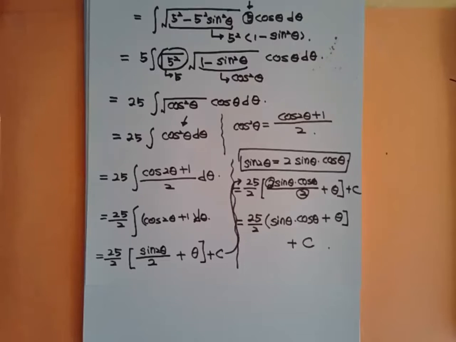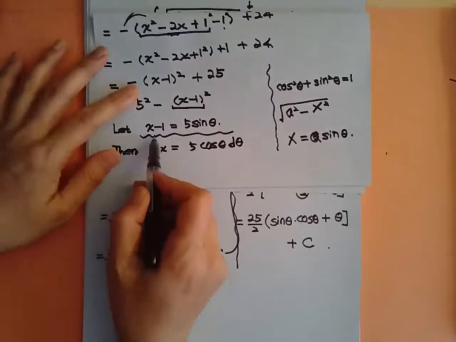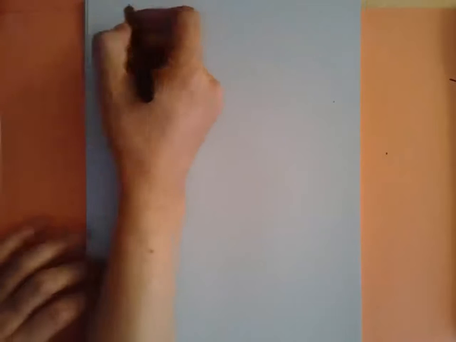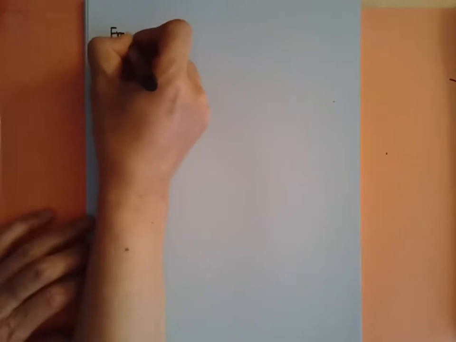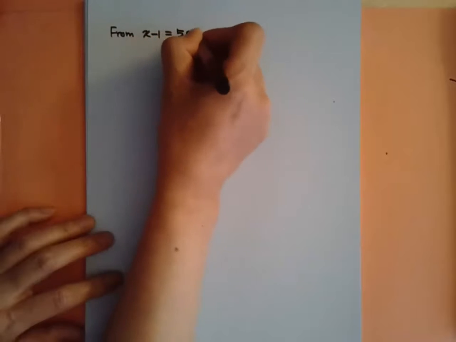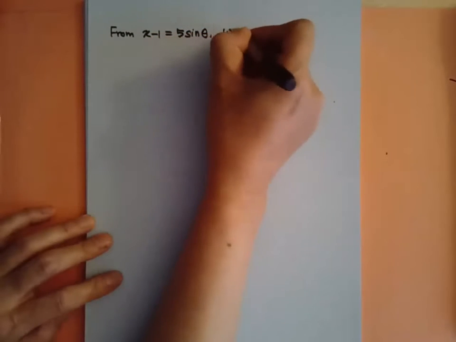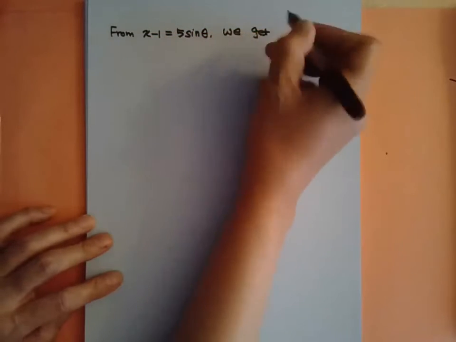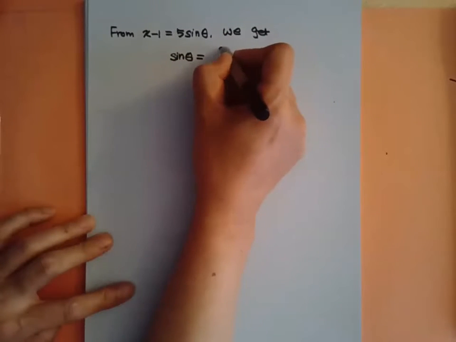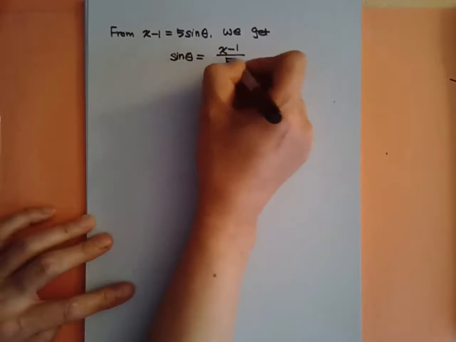So we will go back to the point where we did substitution. X minus 1 was written as 5 sine of theta. From x minus 1 equals 5 sine of theta, we get sine of theta equals x minus 1 over 5.